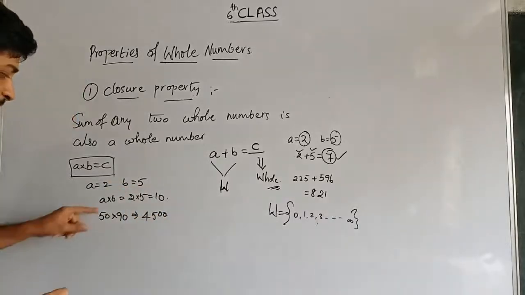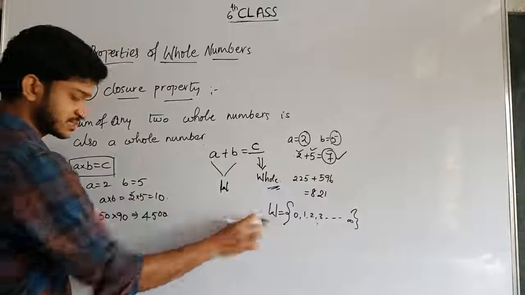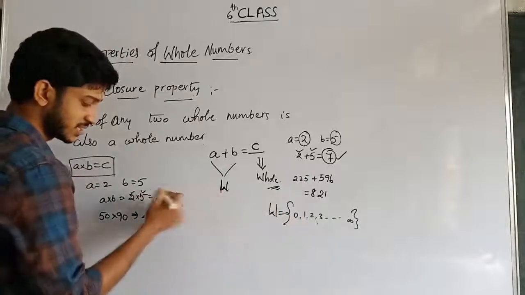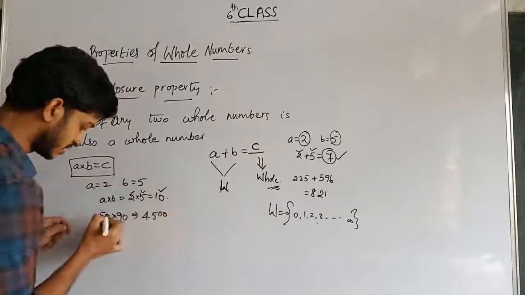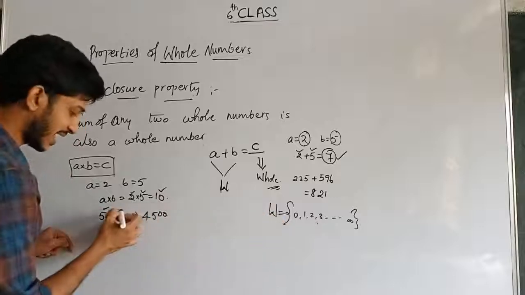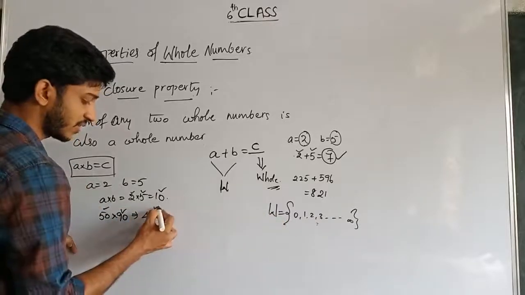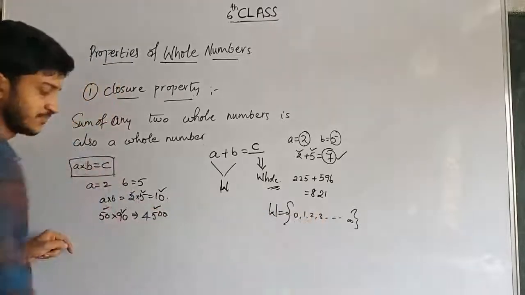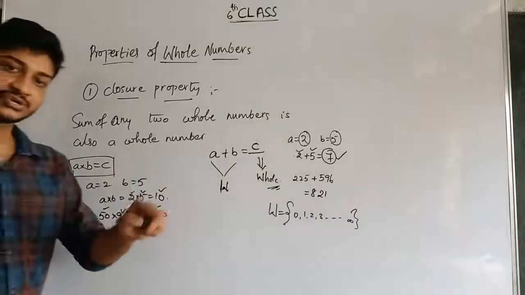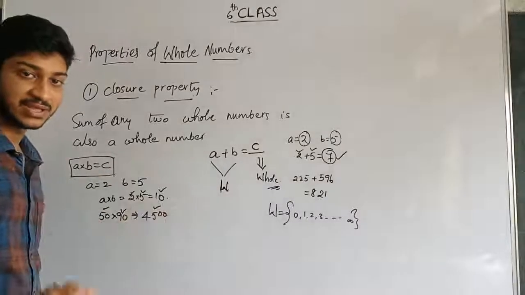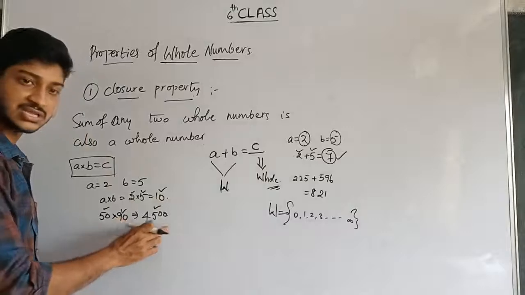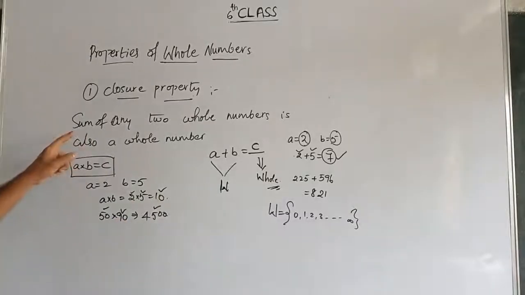If you observe here, 2 is in the whole number set, 5 is also in the whole number set, 10 is also in the whole number set, 50 and 90 are also in the whole number set, and 4500 is also in the whole number set. So if you take any two whole numbers and multiply them, the product is also a whole number.